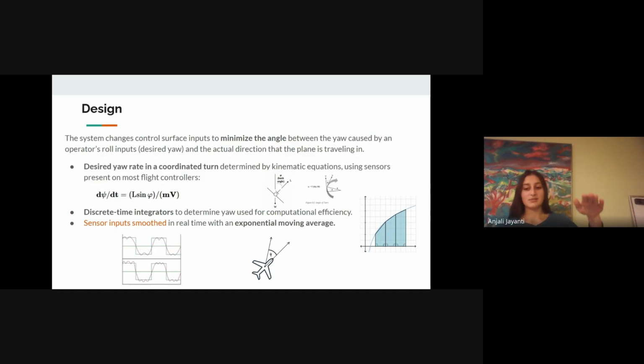They put in inputs for bank angle, and then the algorithm, using kinematic equations, determines their actual desired direction. The actual rate is determined by GPS sensors. Taking in sensor inputs has a lot of error associated with it, so those are also smoothed using algorithms.